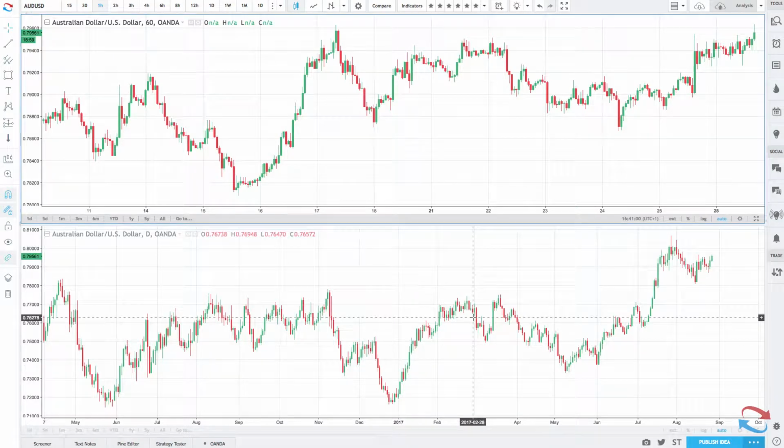So why do traders use the higher time frame to guide them in their direction? It's really because the higher time frame, if you think about the daily time frame, there would be 24 hours of trading, which is more significant than an hour of trading.